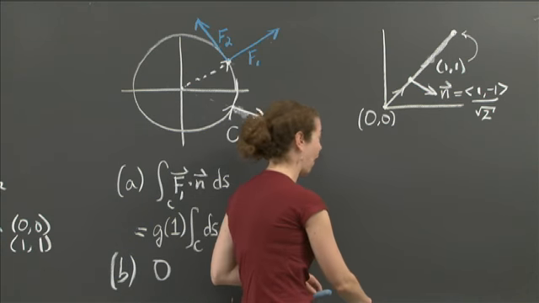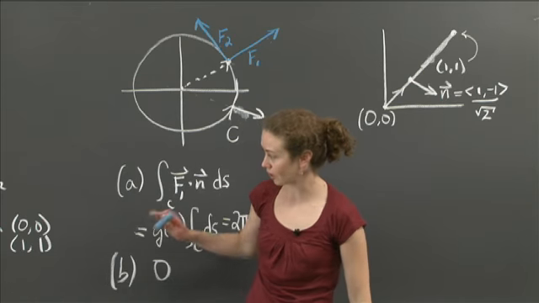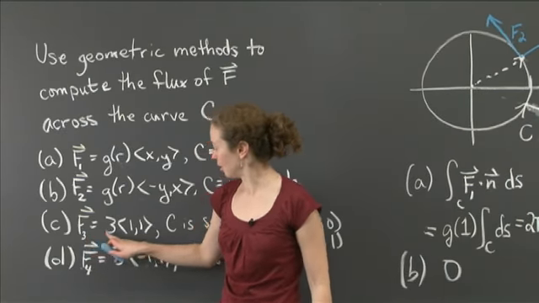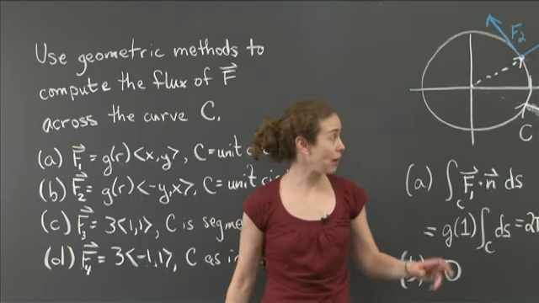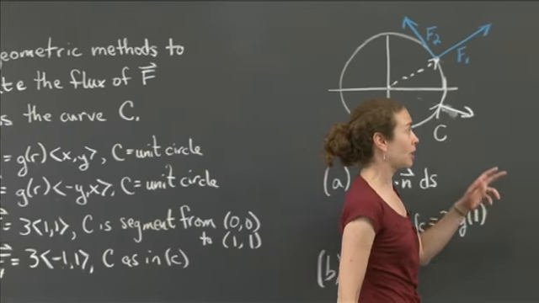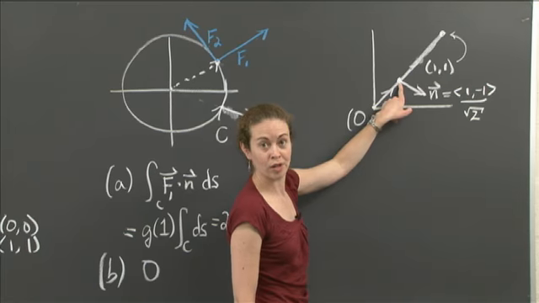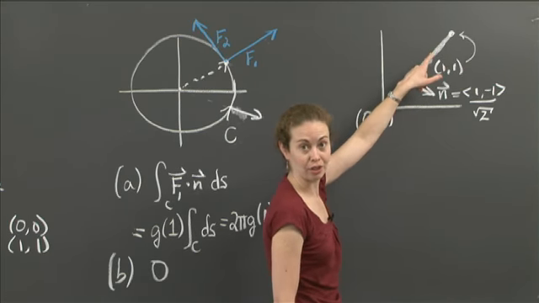Now let's look at what F3 is, and then we'll look at what F4 actually is. So let's look at F sub 3. F sub 3 was the vector 3 times (1, 1). So if we come back to our picture, at any point on this curve, if I go in the (1, 1) direction, I stay parallel to this curve.